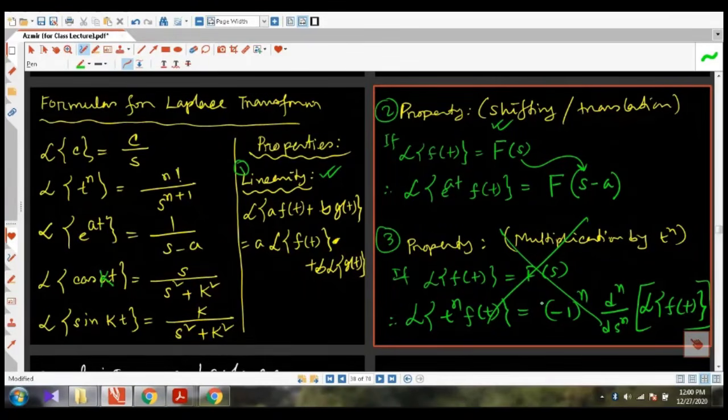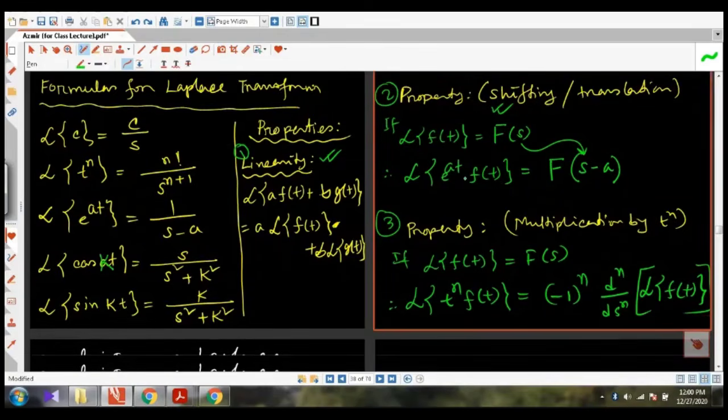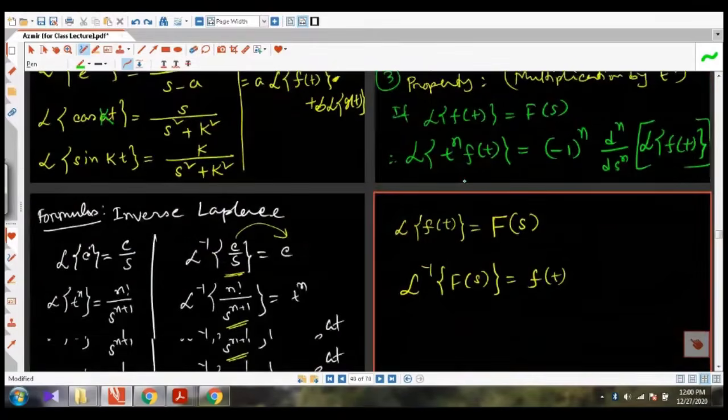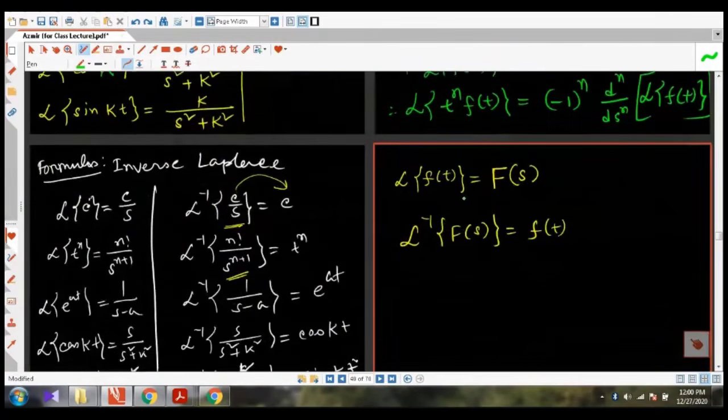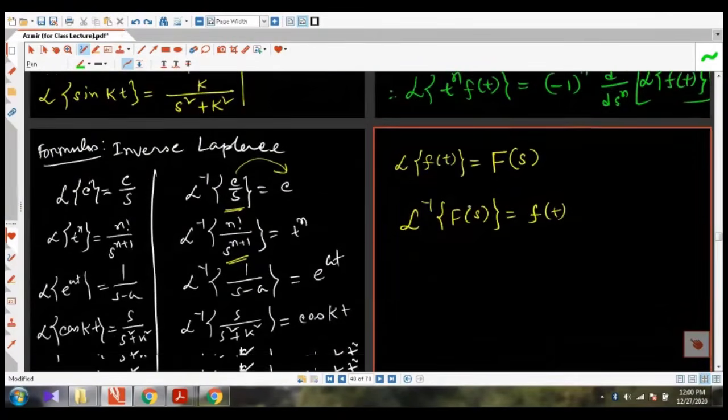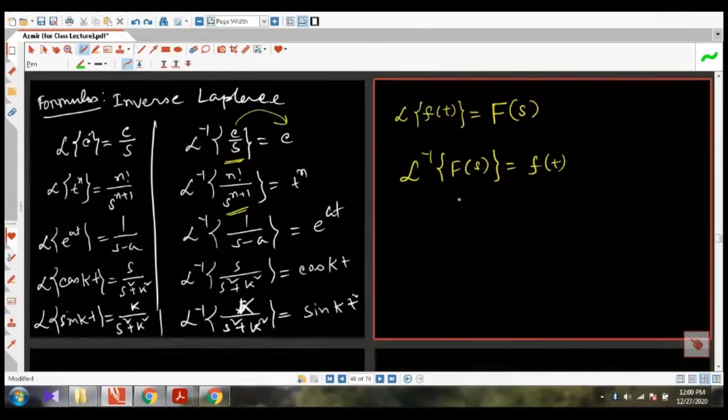So let's write down the linearity property and shifting or translation property for inverse Laplace transformation. If you are getting confused, you can go through the previous consultation video, then you can relate whatever I am trying to say.